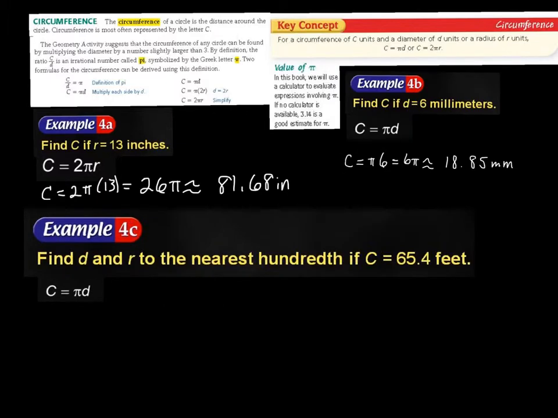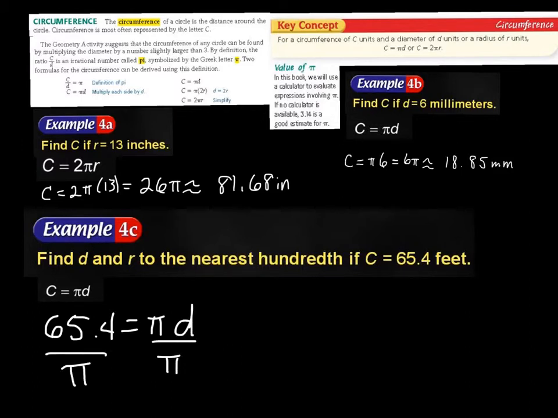Next they ask us to find the diameter and radius to the nearest hundredth if the circumference is 65.4 feet. It doesn't matter which of the two formulas I use, I just use circumference as pi times diameter. So I'm going to substitute in 65.4 for C equals pi times D. On the calculator, I'm going to type 65.4 divided by the pi button.